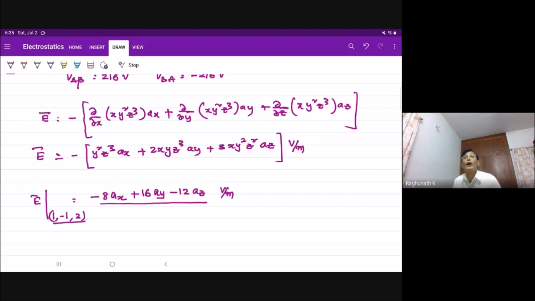Whenever I want to determine the electric field at any point because of a distributed charge, the best procedure is what? Going through V. It's just differentiation only. The integral is one scalar integral. If I want to directly find the electric field intensity, I have to evaluate 3 different integrals, one for each component.